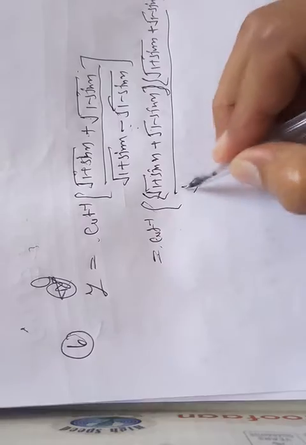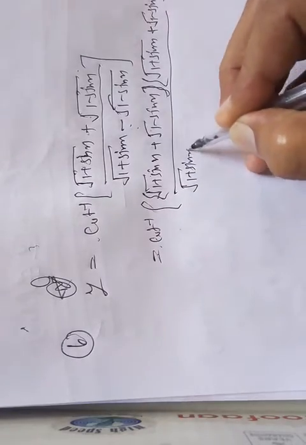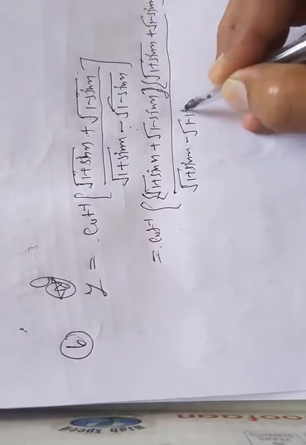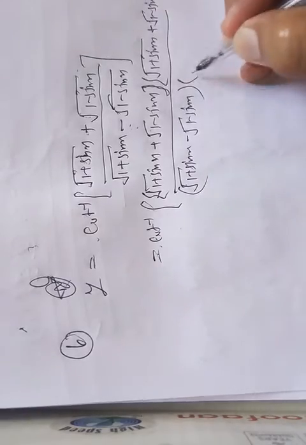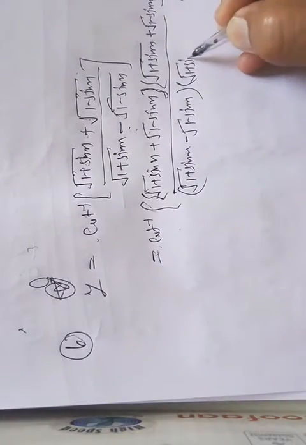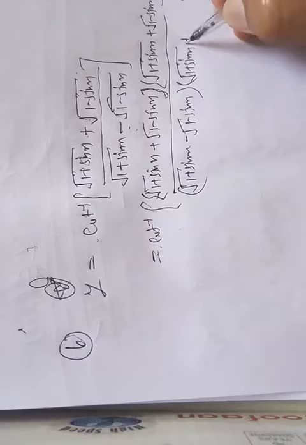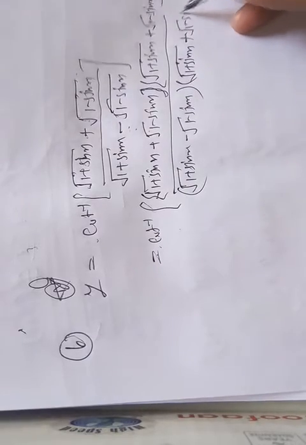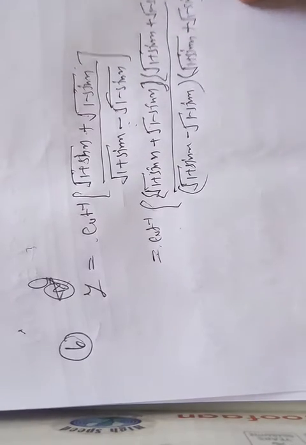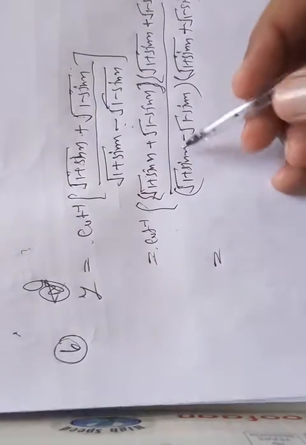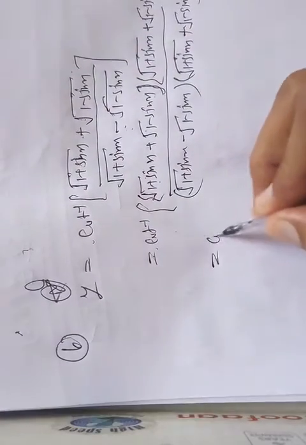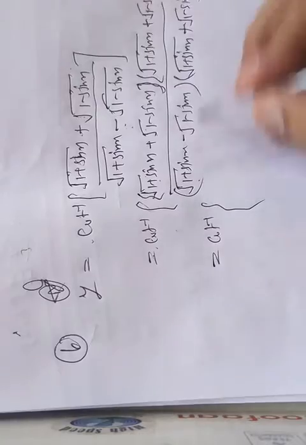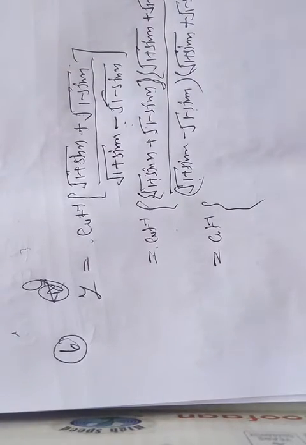The numerator is a plus b whole square and the denominator is a square minus b square.